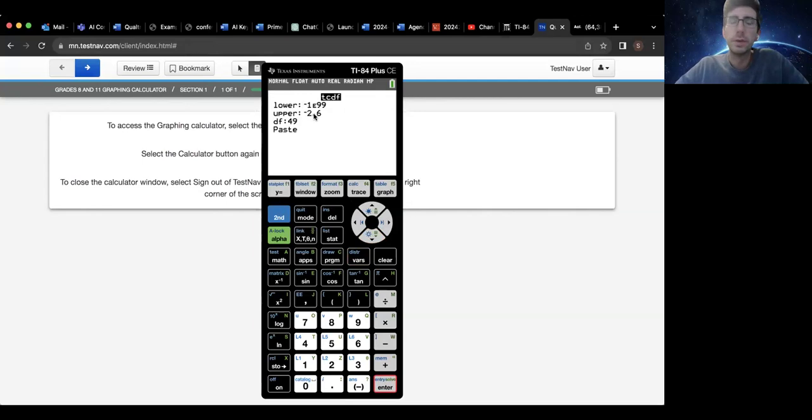Those areas are going to be the same because of the symmetry property of our t-distribution. So I'm going to find the area under the curve from negative infinity to negative 2.6 with 49 degrees of freedom. And enter all this in, and I get 0.006.